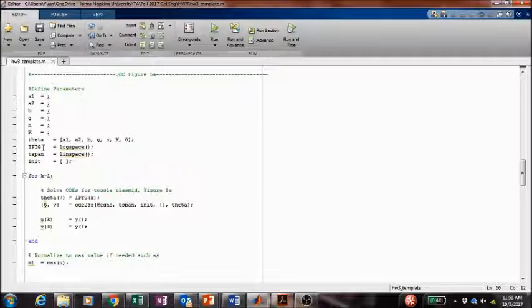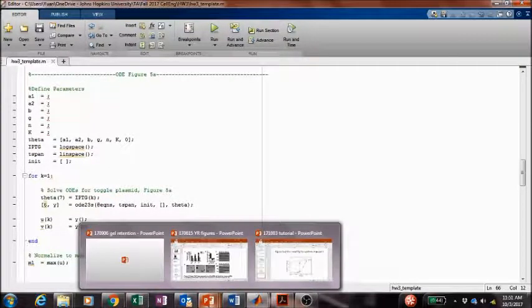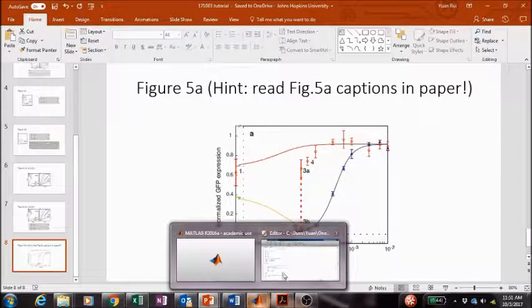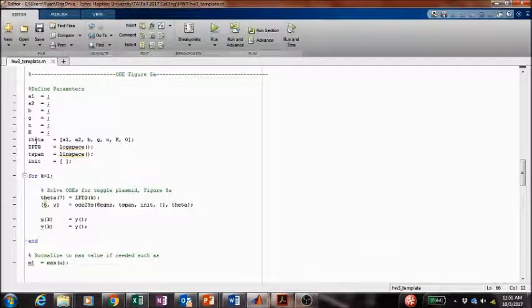So IPTG is the actual input. Let's look back at the figure again. The concentration of IPTG is the independent variable that was varied in this experiment. So you're going to be doing that exact same thing here, where you are adding IPTG concentrations as your independent variable.